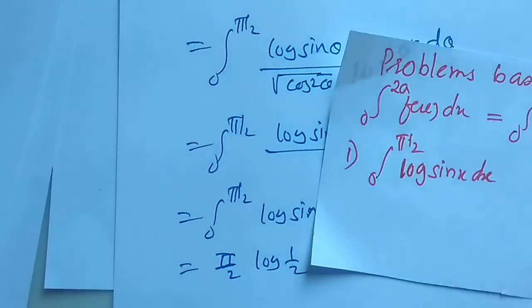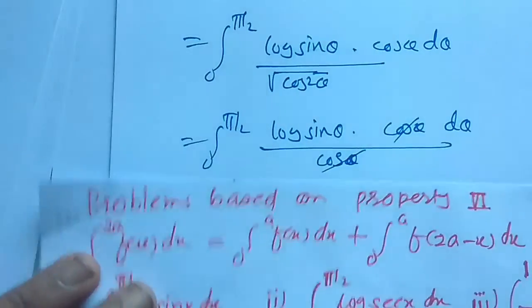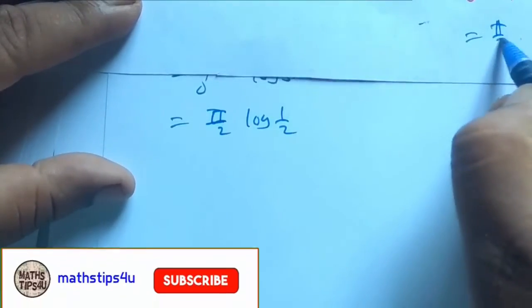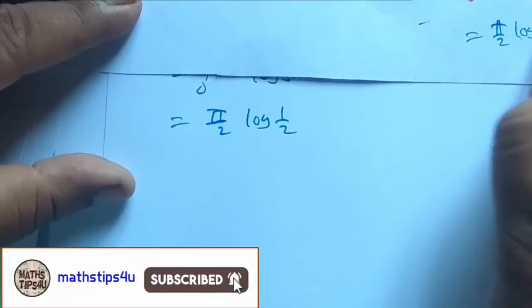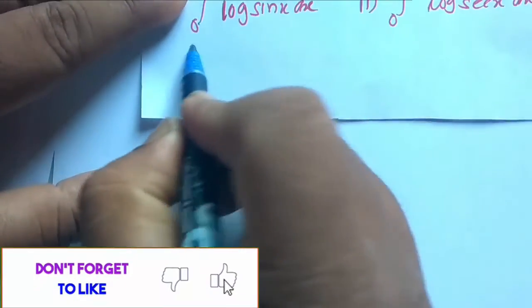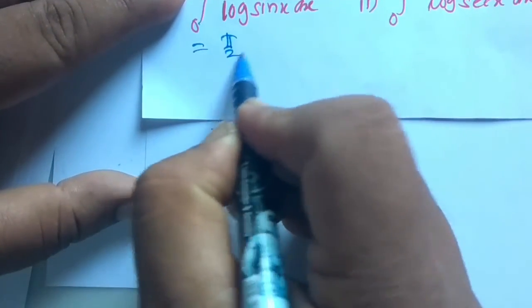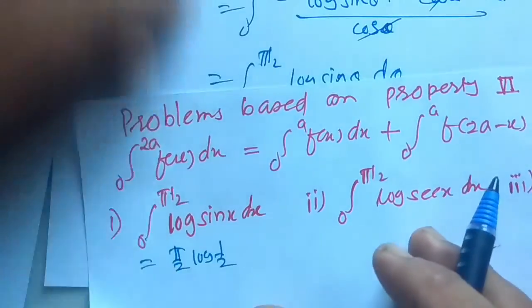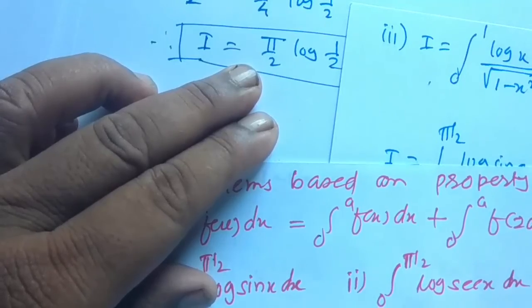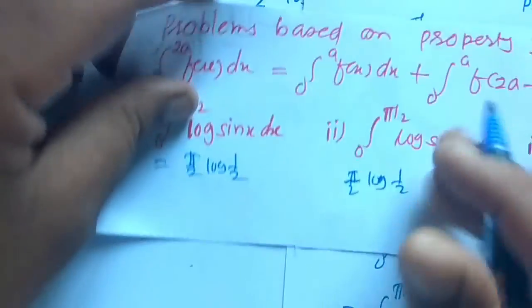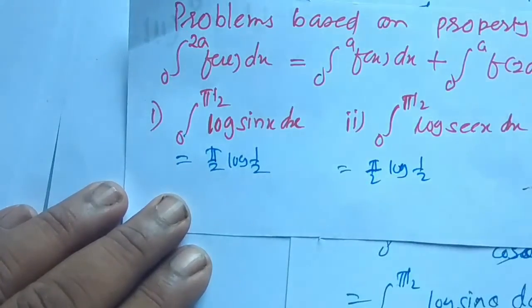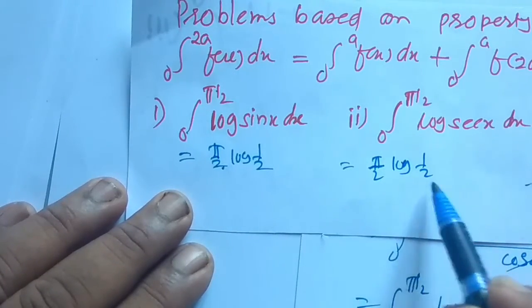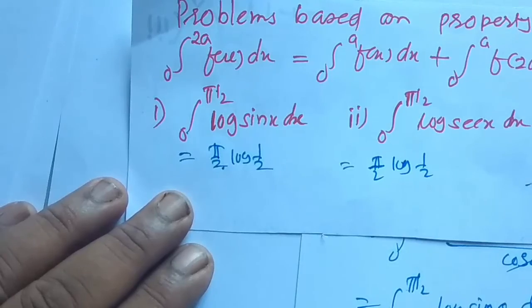So the value of this is pi by 2 log of 1 half.